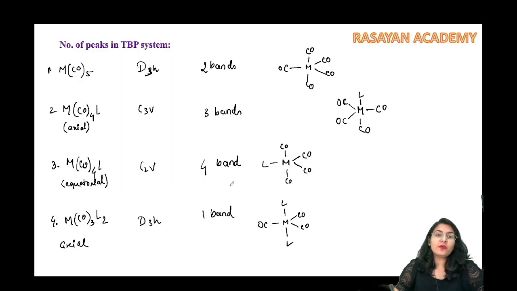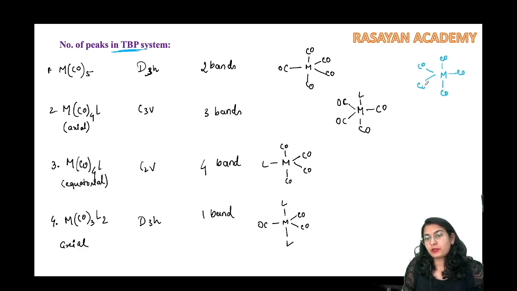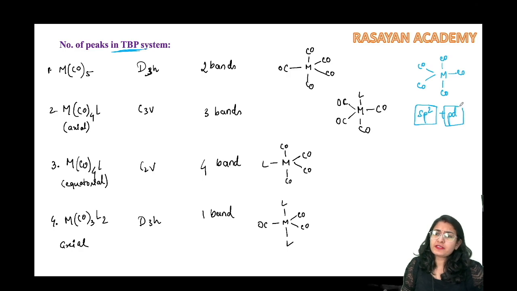Okay. So we are now going to move onwards and see a different geometry. Now see, here comes the trigonal bipyramidal geometry. So here in the trigonal bipyramidal system, you know that there are 2 different kinds of bonds. If you know the hybridization, you will know that the equatorial ones are made of sp2 hybridized orbitals, and the axial bonds are made of the pd orbitals.